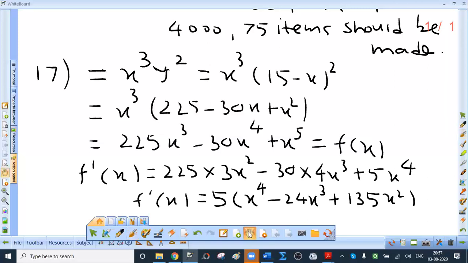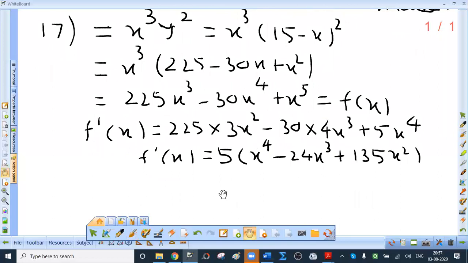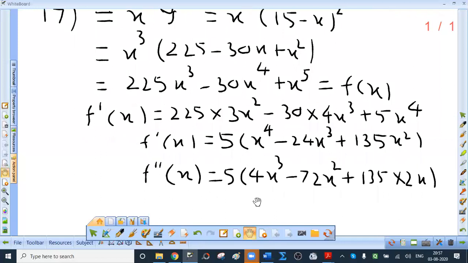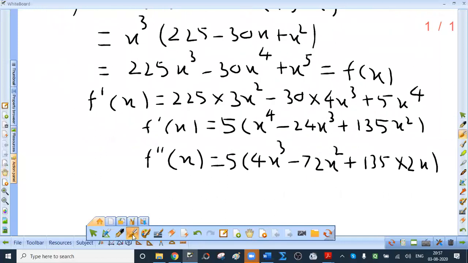Now find f double dash of x. So f double dash of x is 5 into 4x cube minus 72x square plus 135 into 2x. So effectively, tell me what is f double dash of x.